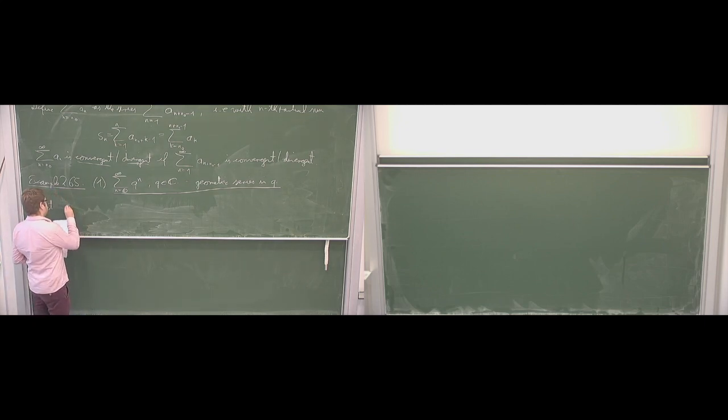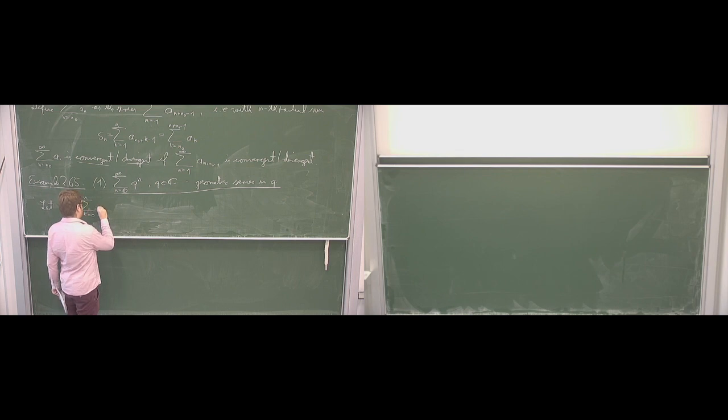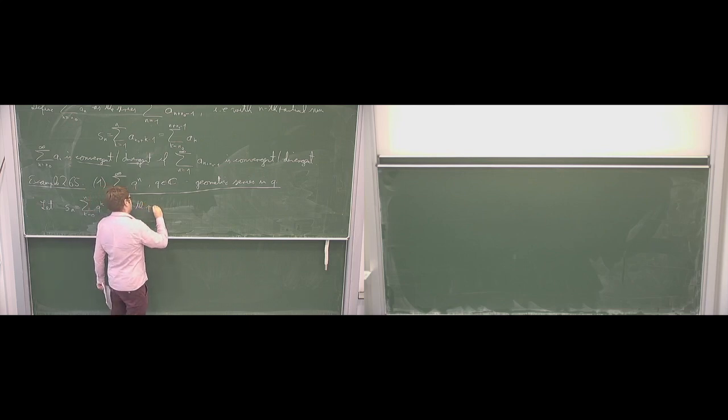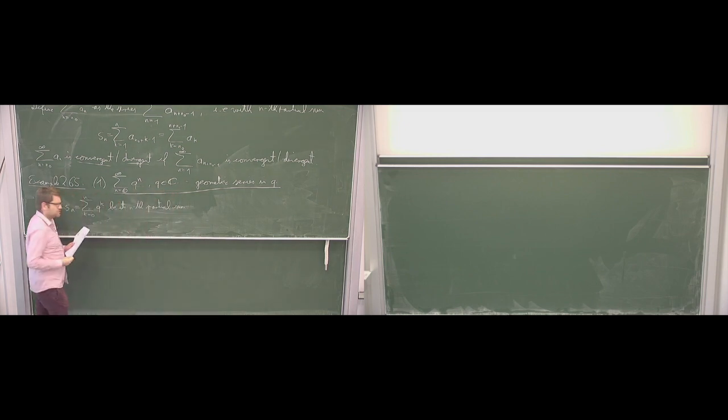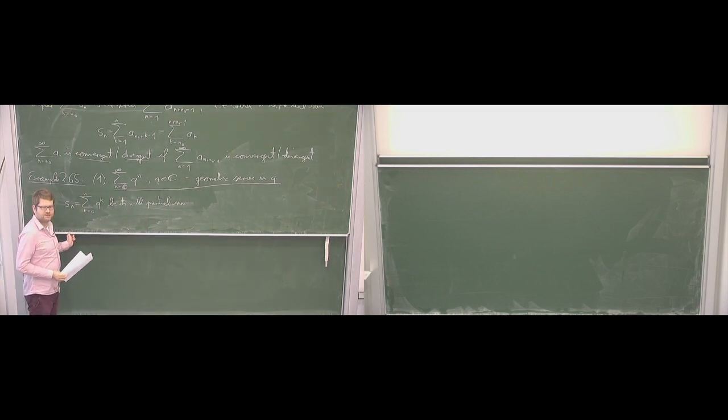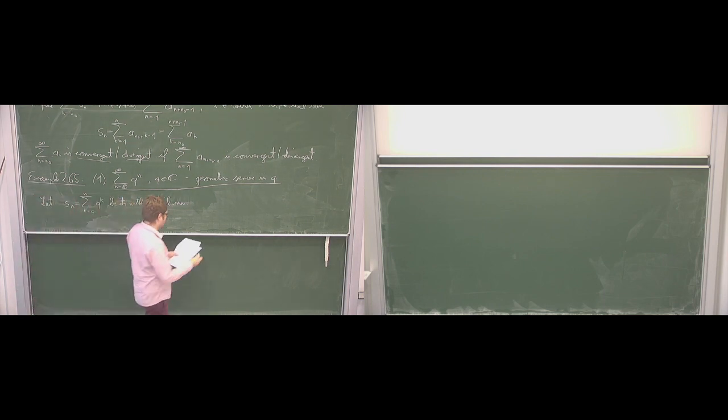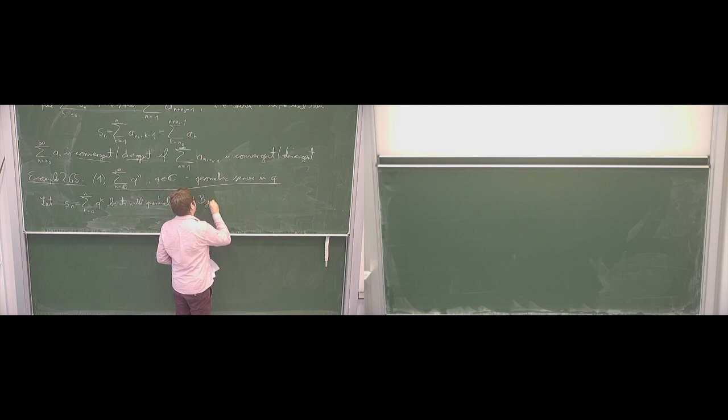So S_n would be the sum k from 0 to n of q to the k, its nth partial sum. And if you now think this sum looks familiar, that's a good sign, because then you did the exercises. This sum was contained in the exercises, where I had you prove something about it, namely exercise 2b from sheet 2.